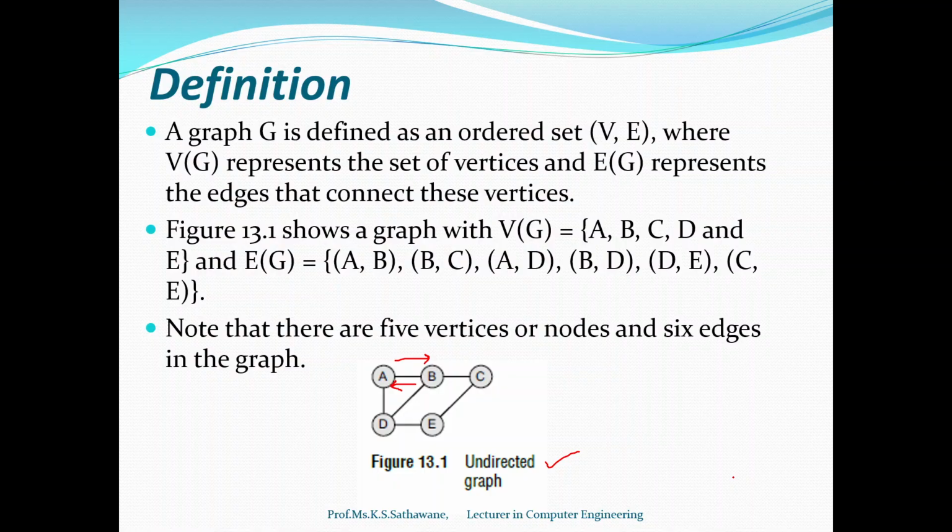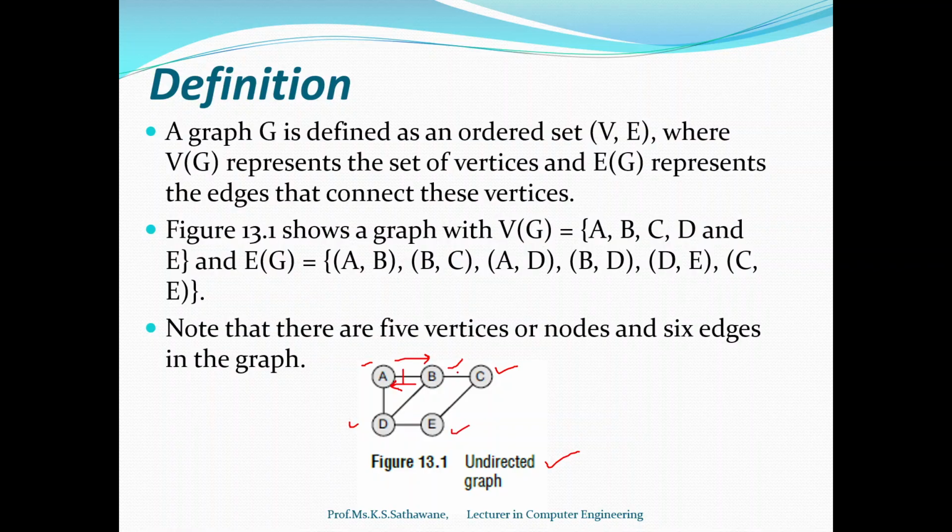So what is the definition of a graph? A graph G is defined as an ordered set of vertices V and edges E that connect these vertices. So the figure below shows a graph with V of G. So what are the vertices here? A, B, C, D and E. And which are the edges here?